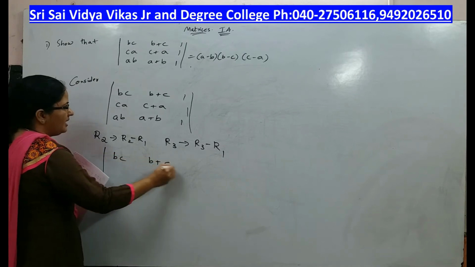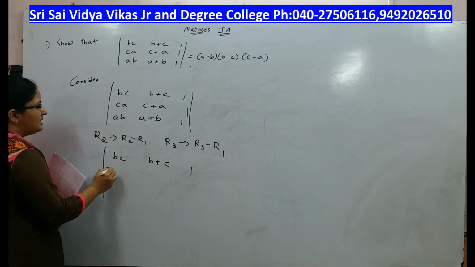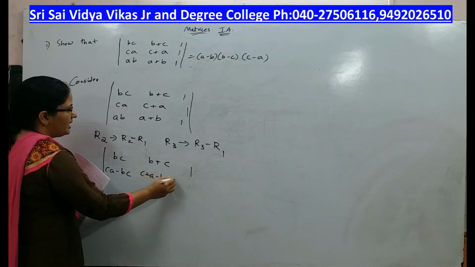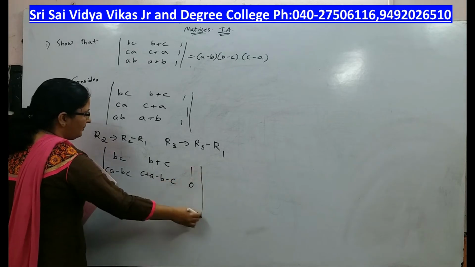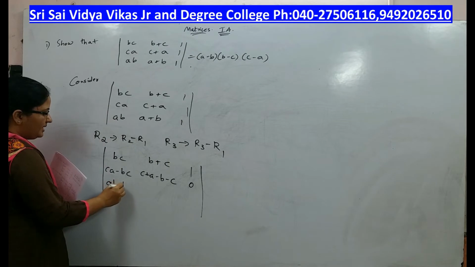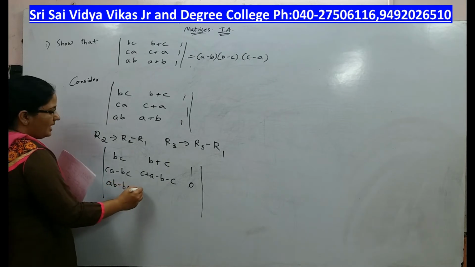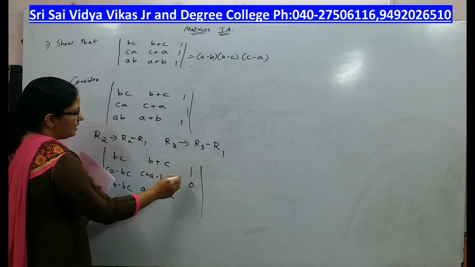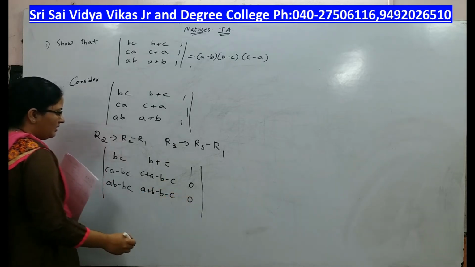BC, B plus C, 1; CA minus BC, C plus A minus B minus C, 0; AB minus BC, A plus B minus C, 0.